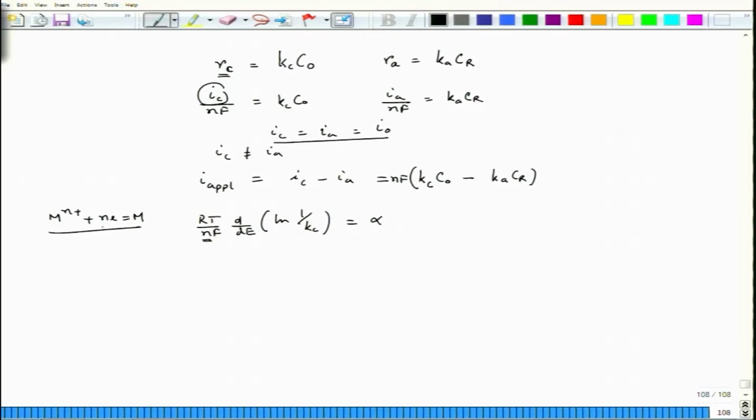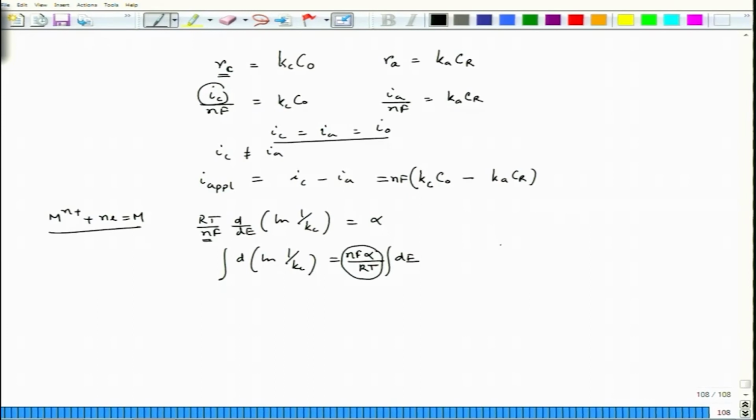So, the number of electrons is basically n. Now, if I integrate this, so d ln(1/Kc) equal to alpha nF/RT dE, since these are all constants, this entire part is constant. So, we are taking it out from the integration sign. So, this becomes, and now we have to see the limit.